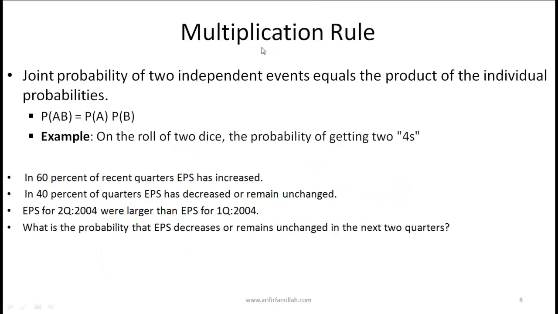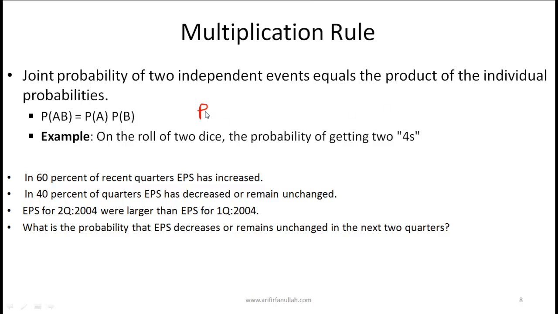What's the multiplication rule? Basically this rule is that the joint probability of two independent events equals the product of the individual event probabilities. The way you can look at this is as follows.